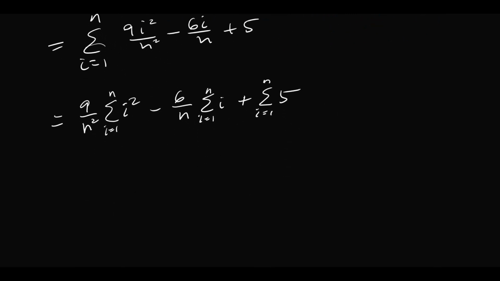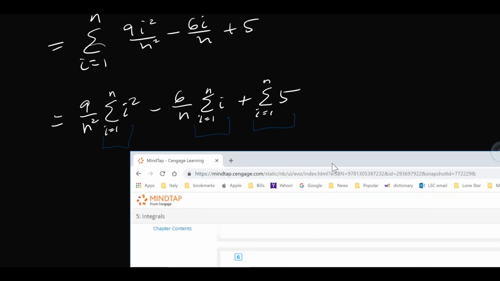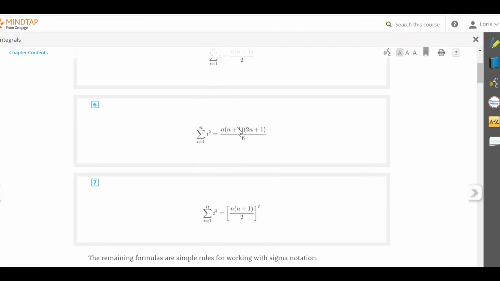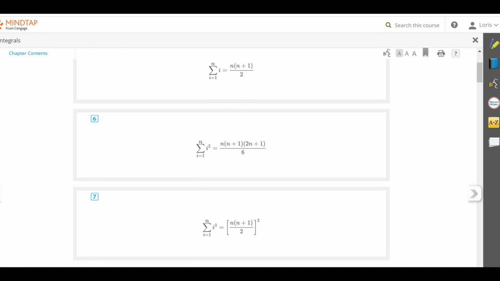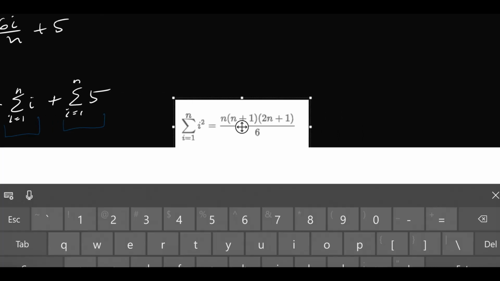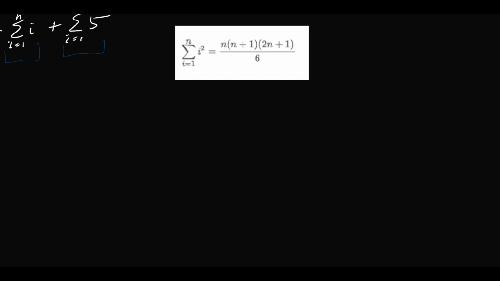Okay, so now we know from pre-calculus that there are formulas for these. And these are in the book, section 5.2. Let me just refresh your memory a little bit on this.